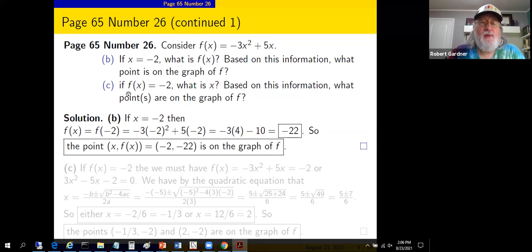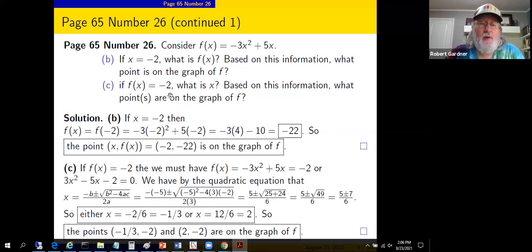Part C, if f of x equals -2, what's x? Okay, this is different. They didn't give you the x value, they gave you the function value. If f of x equals -2, we know f of x is -3x squared plus 5x, definition of the function. Set it equal to -2 and solve this equation.